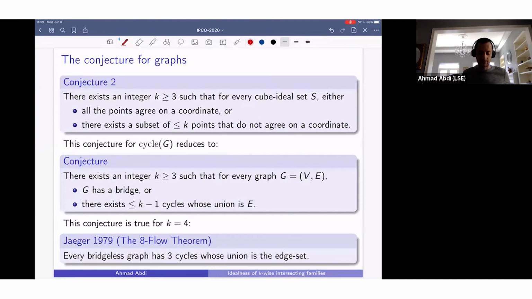It turns out that from every graph, you could construct a cuboid ideal set S, constructed from the cycle space of the graph. Now, Jaeger's theorem tells you that every bridgeless graph has 3 cycles whose union is the whole edge set. You take these 3 cycles and it somehow corresponds to 4 points in the cycle space that do not agree on a coordinate. So that's how it's used.